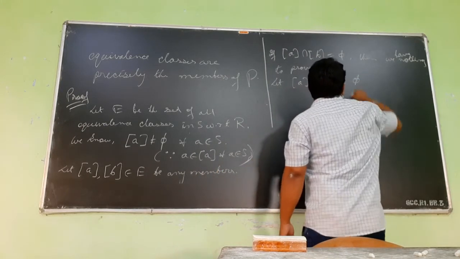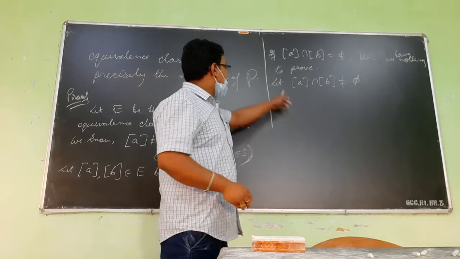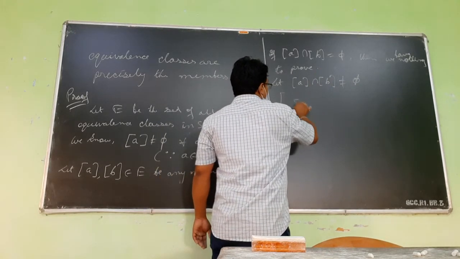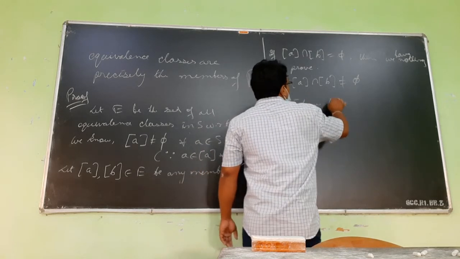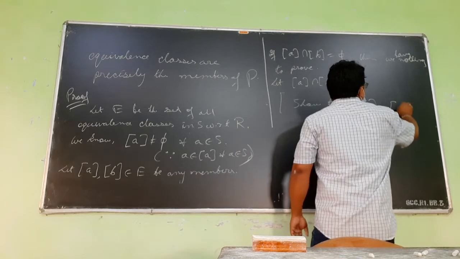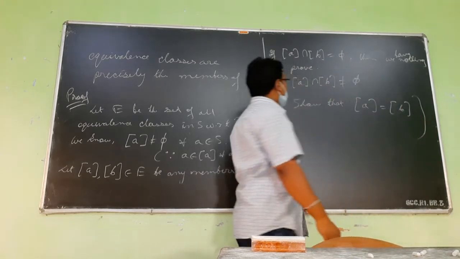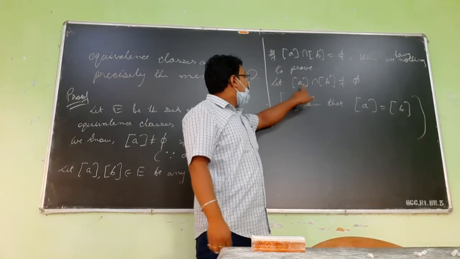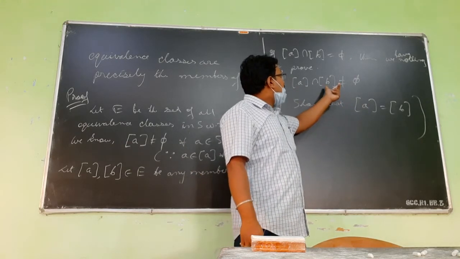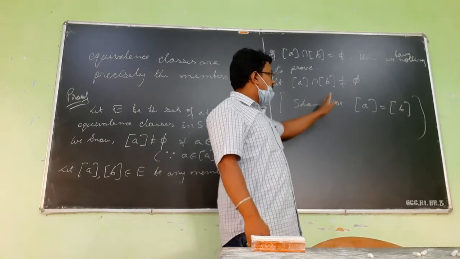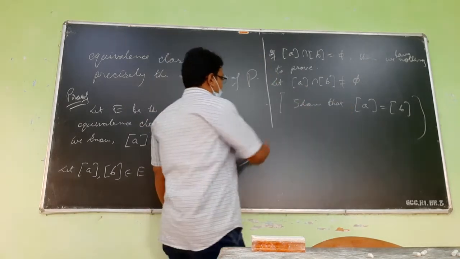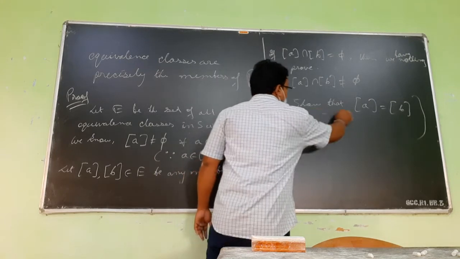Then show that class A is equal to class B. So you have to take an element from class A and show that it belongs to class B, and take an element from class B and show that it belongs to class A. I have already shown this.